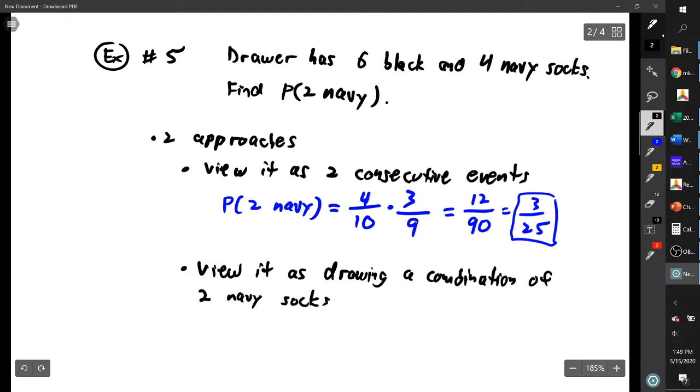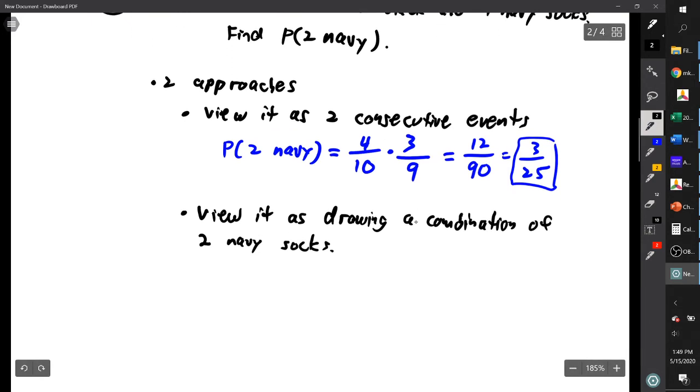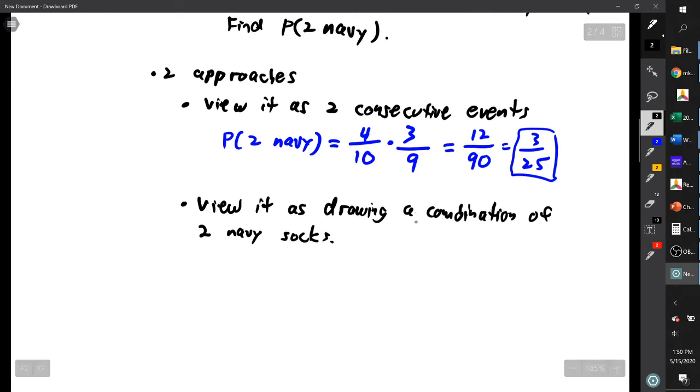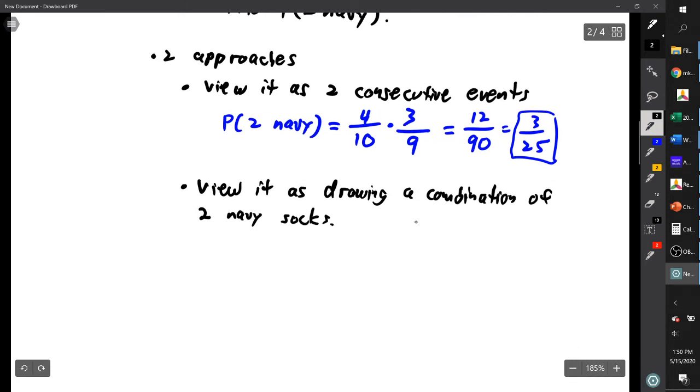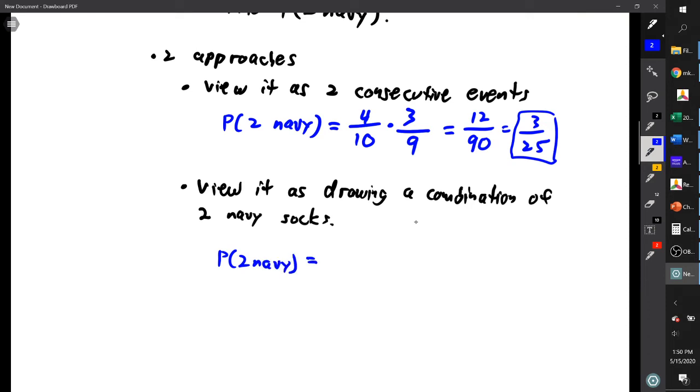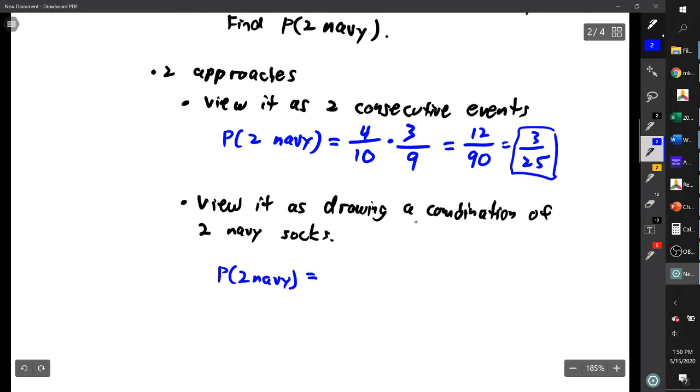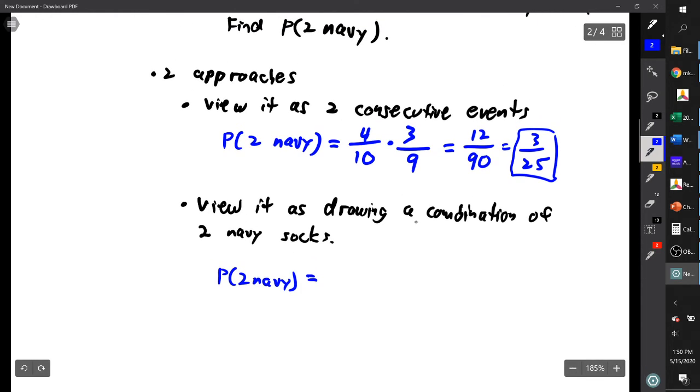So rather than viewing it as 2 distinct events where one followed the other, you can also view it as one event that involves a group of items, and in particular a combination of items. So here we could calculate it as P of 2 navy is, well, how many different groups of 2 navy socks can we form out of the 4 navy socks that are there?